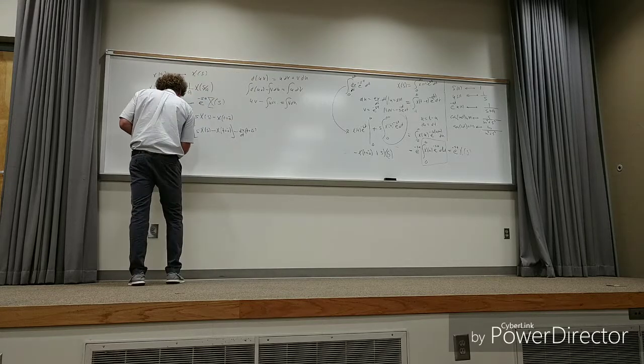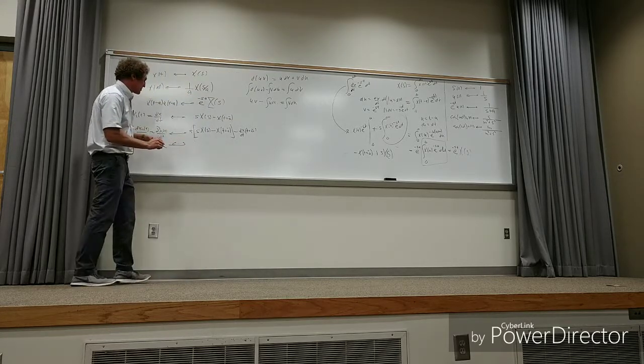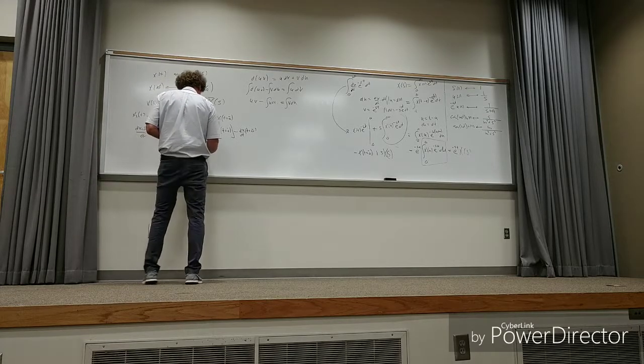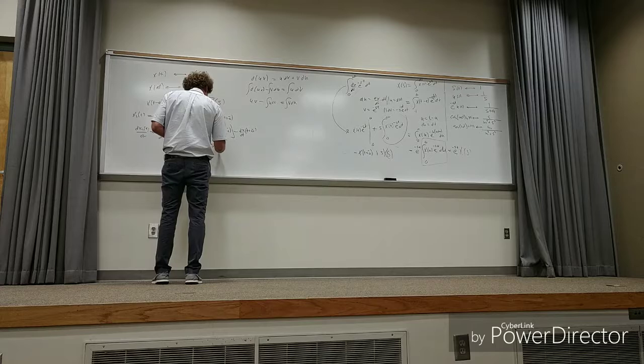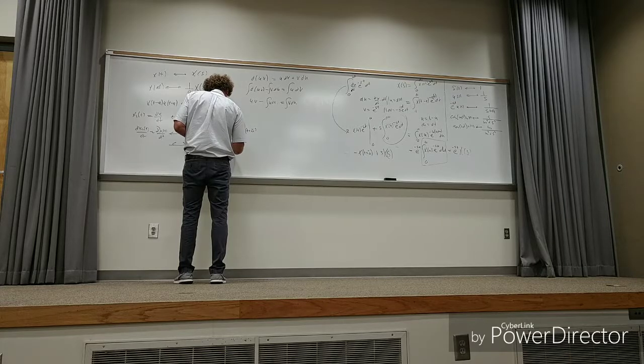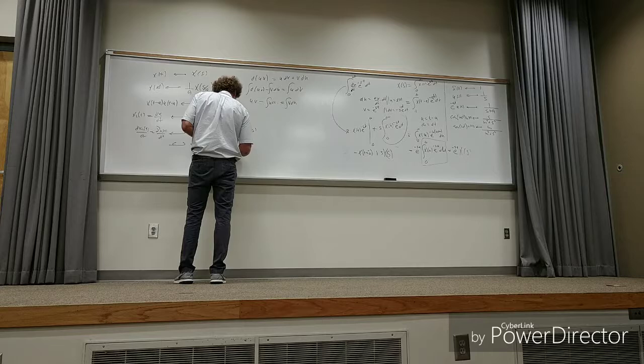And the way the book shows it is this. You can see you're going to get an s squared x of s, and then it's going to be minus s times x of 0 minus, and the way the book does it is put a dot over the x to indicate time derivative of 0 minus as well.